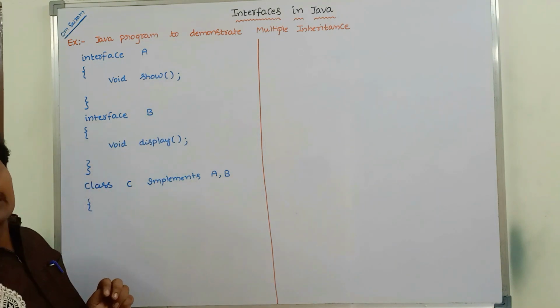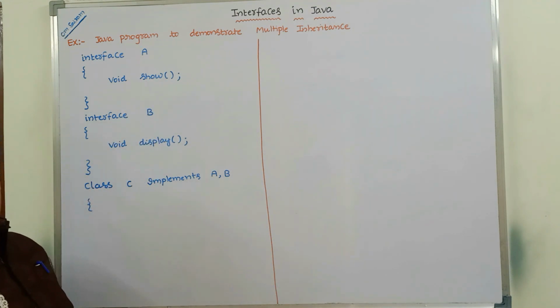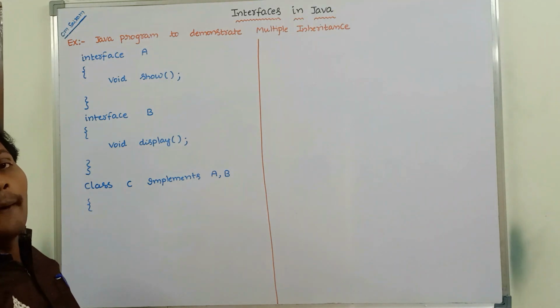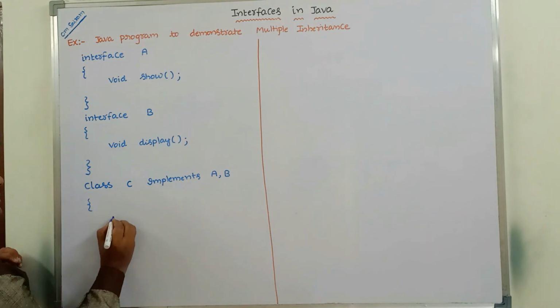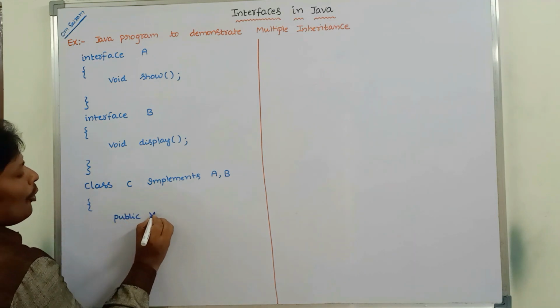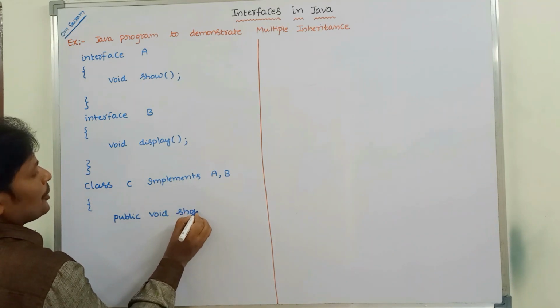To provide the implementation details for the methods present in interface A and interface B, we have to use the keyword public. So public void show.